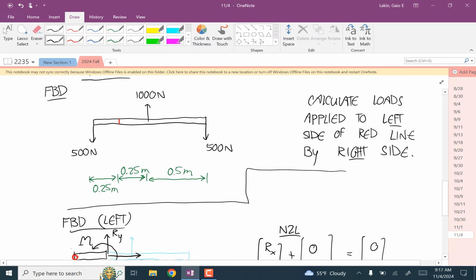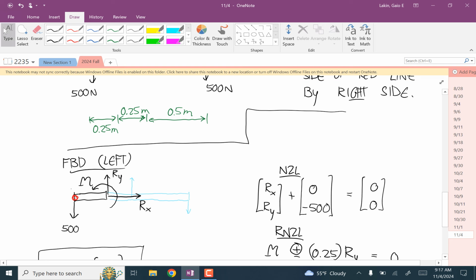Okay, and notice that I wrote the question this way, but we kind of arbitrarily said, let's figure out the loads applied to the left part by the right part. I could have just as reasonably asked, what are the loads applied to the right part by the left part? And notice that those are Newton's third law pairs. And so all of our answers, if I had asked that question, would be negative of what we have. Okay, so what we'd like is a sign convention where no matter how we calculate the internal loads at a spot, we get the same answers.